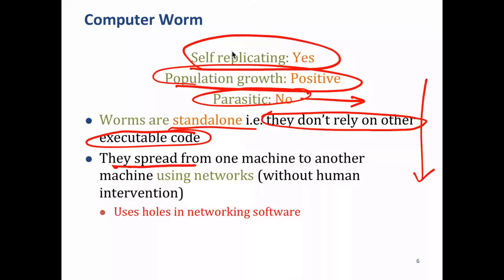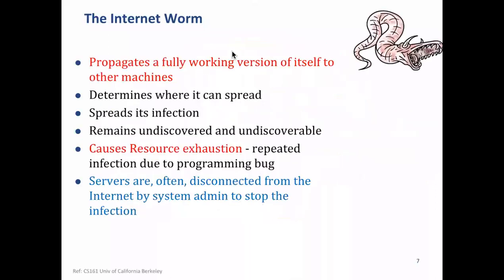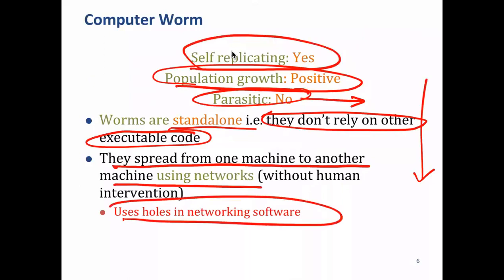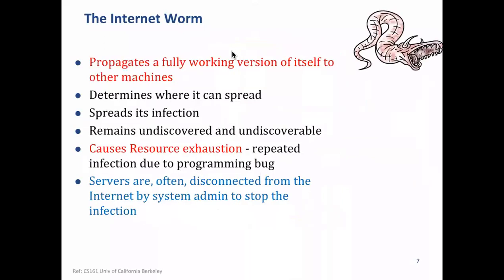It spreads from one machine to another machine using the network, which is the internet today, and uses holes in networking software. It finds bugs in networking software to spread itself. So it propagates a fully working version of itself to other machines.